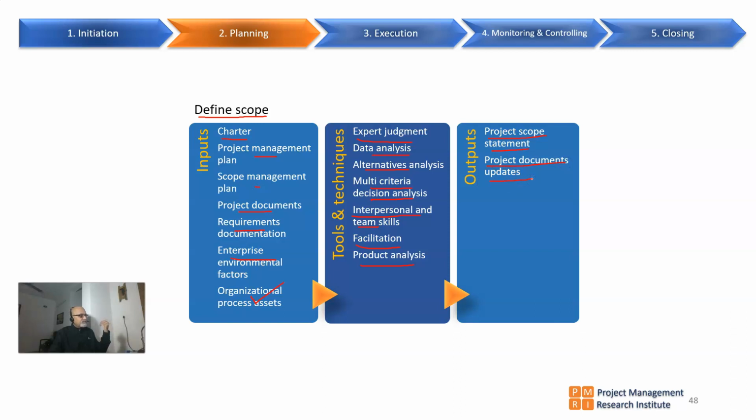That means while defining the scope, we may have to go back and update the requirements documentation. We may have to go back and update the project plans and the charter if there are major impacts. So we discussed the phase in which the contract is signed for a construction project, and the phase in which the requirements elaboration and scope definition is done.